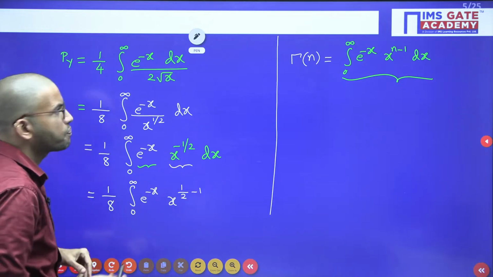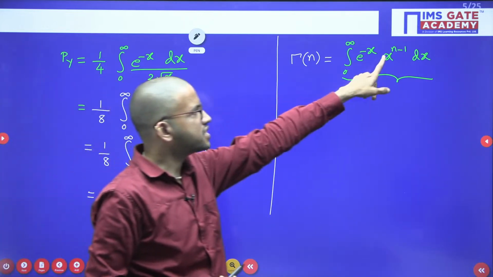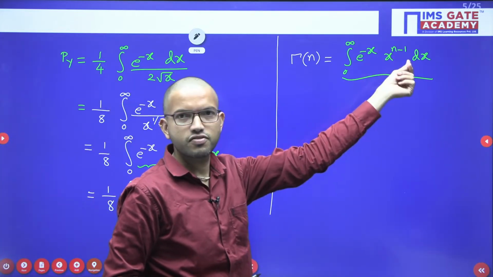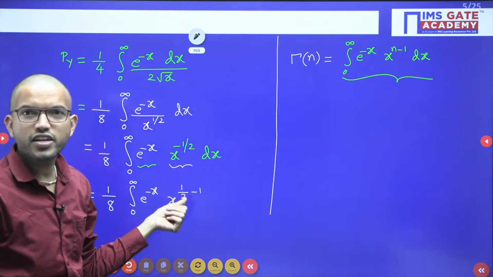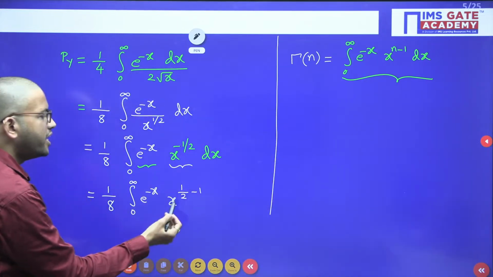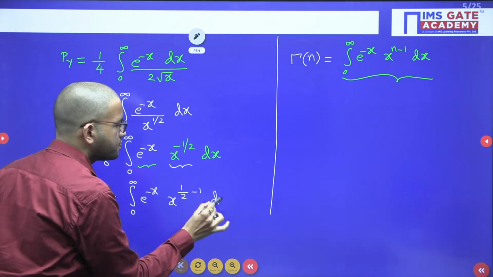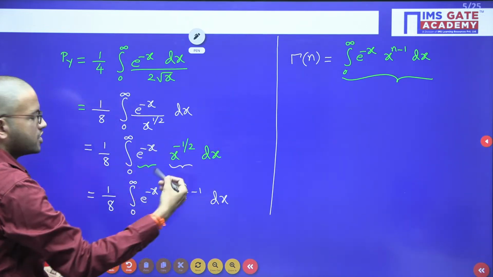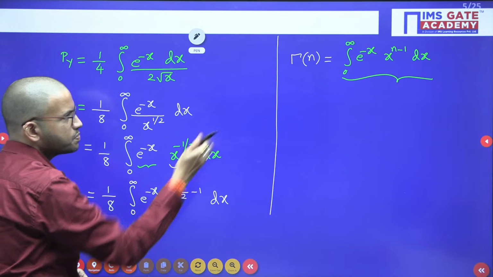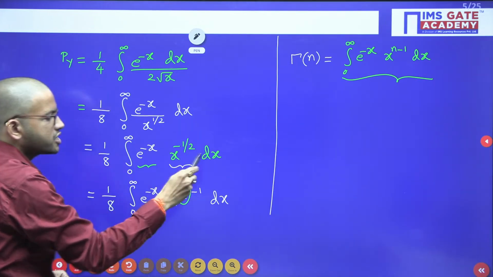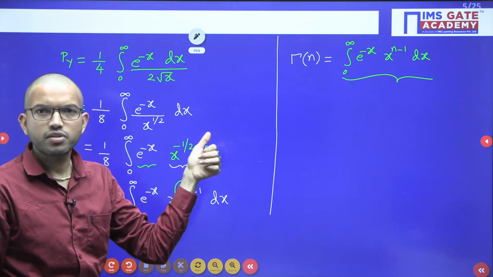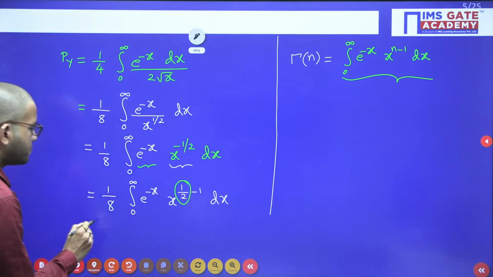Both are the same, because here we have to represent in the order of n minus 1, right? Yes, very good Manoj. So 1 by 2 minus 1 dx. Now exactly it is matching. e power minus x into x power n minus 1. Here n is nothing but 1 by 2.